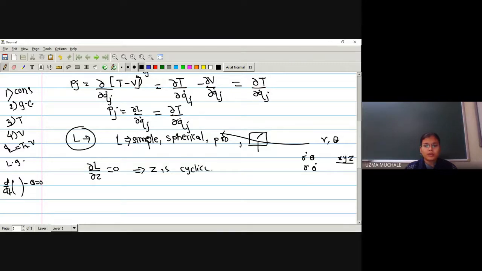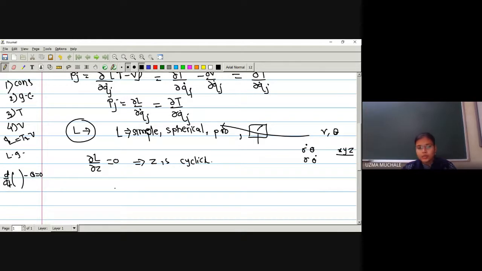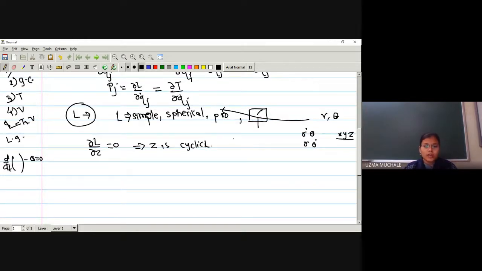What do we mean by cyclic coordinate? The coordinate which is absent in Lagrangian L is called a cyclic coordinate, or in general we can write, if dou L by dou Qj is equal to 0, then we say that Qj is a cyclic coordinate, or vice versa. If Qj is absent in L, then dou L by dou Qj will be equal to 0.